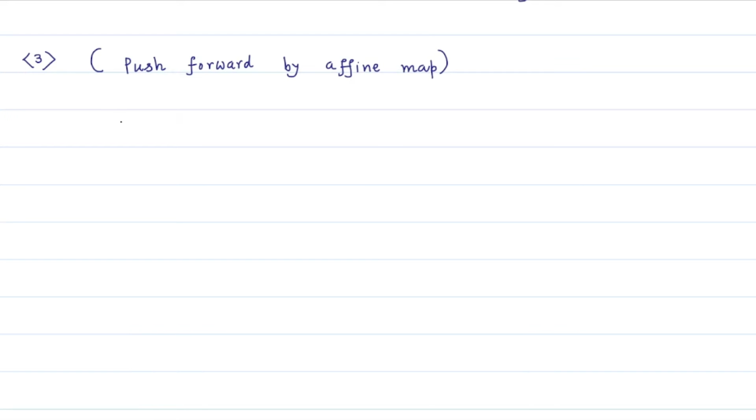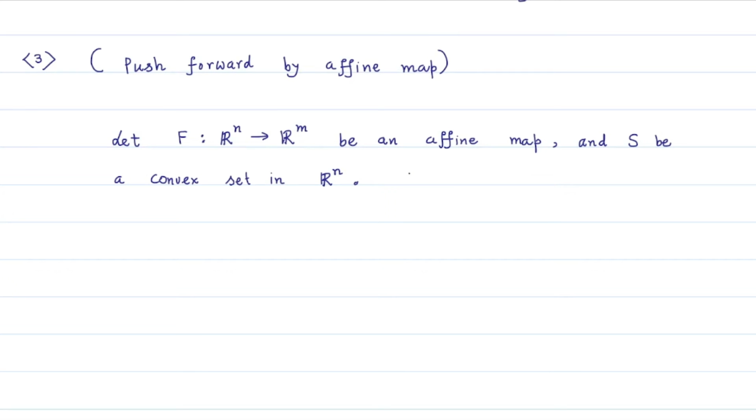For the result to be stated neatly, let me consider an affine map, say capital F, from Rn to Rm, and let us suppose we are given a convex set in Rn, say capital S. Then the image of capital S under the function F, that is the collection of all vectors in Rm that are given by F(x), where x is inside the set capital S, is a convex set.